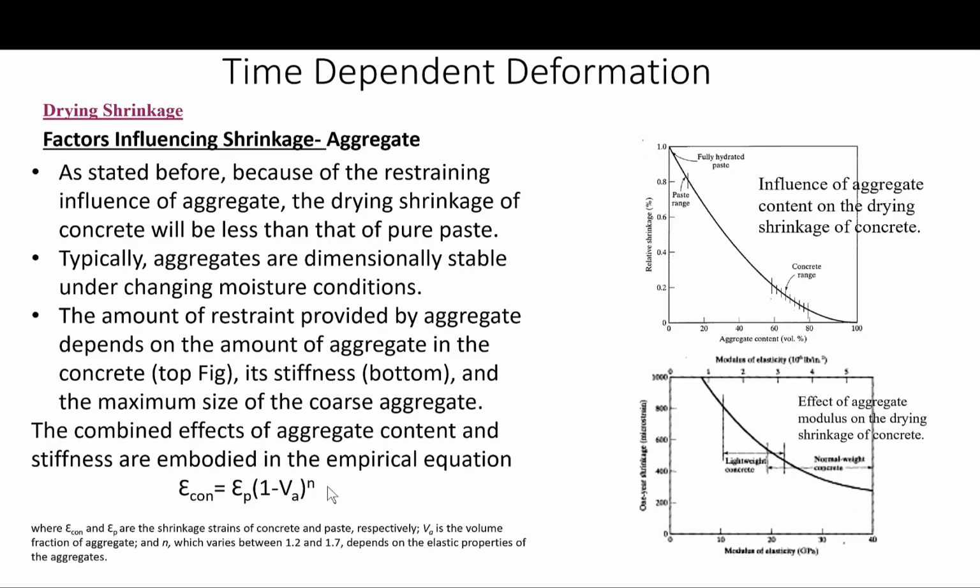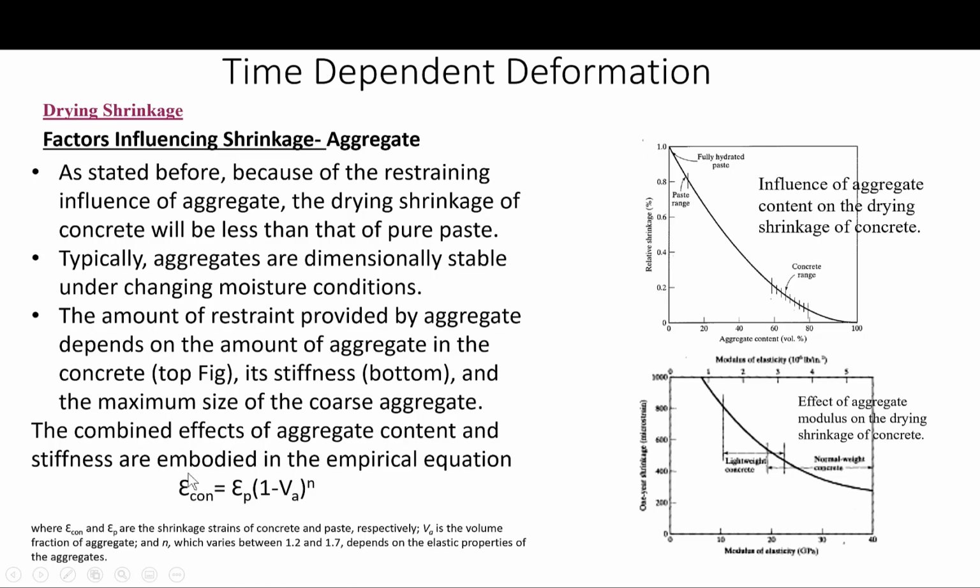Okay, basically this is represented by the Greek letter epsilon, which is the concrete shrinkage strain, and this is the paste shrinkage strain, and V sub A is the volume fraction of aggregate, and the letter n is a constant which varies between 1.2 to 1.7, depending on the elastic properties of the aggregate.